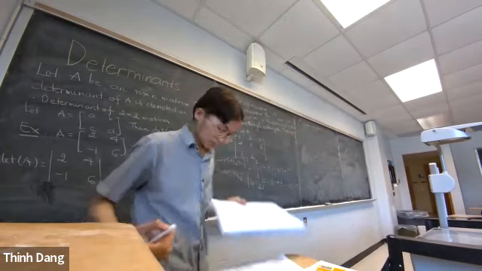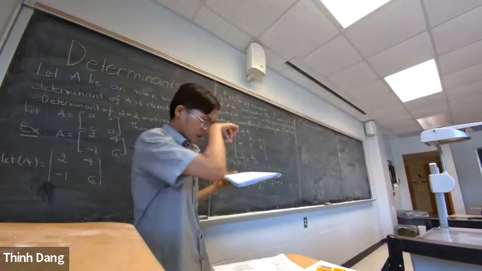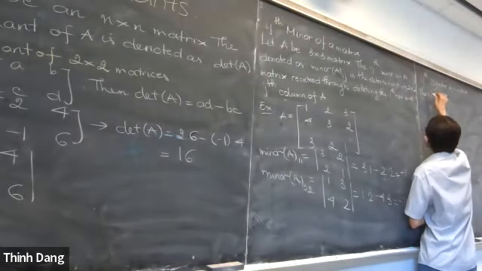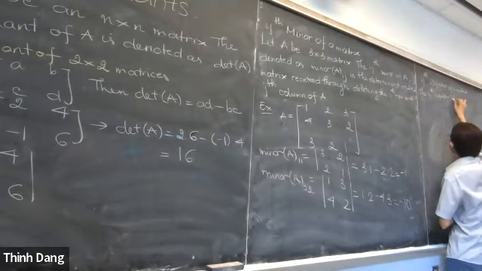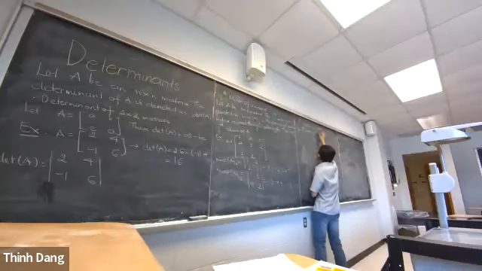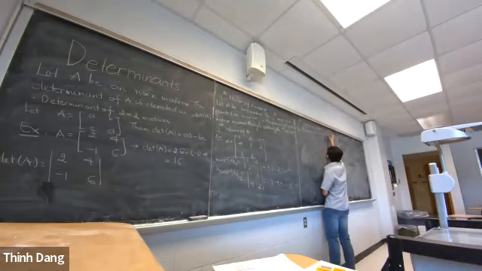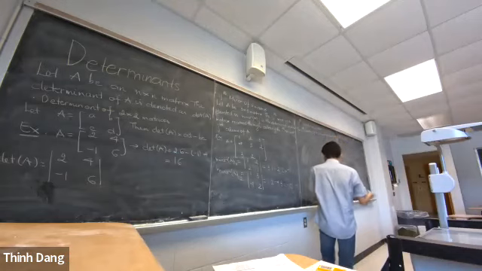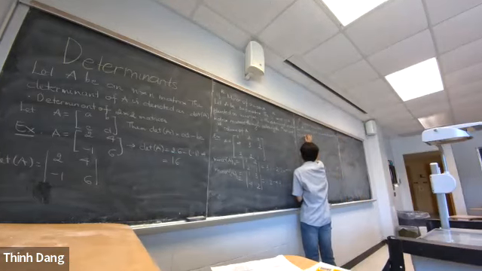So the Ij cofactor of a 3x3 matrix A will be denoted as cofactor A Ij.